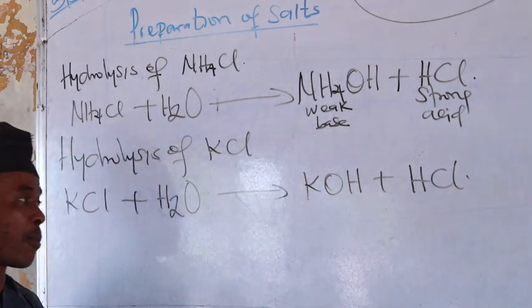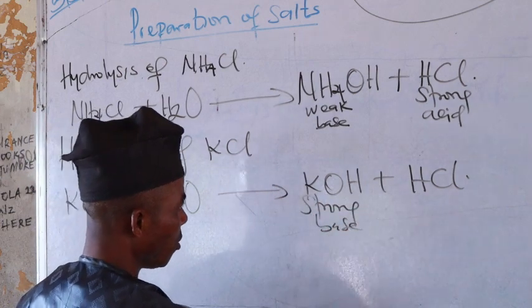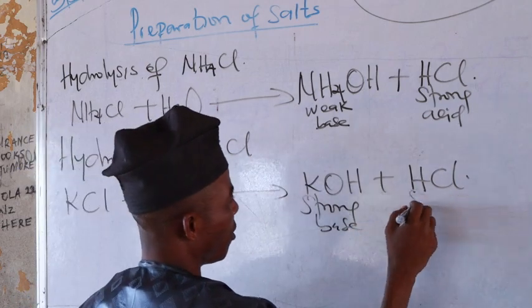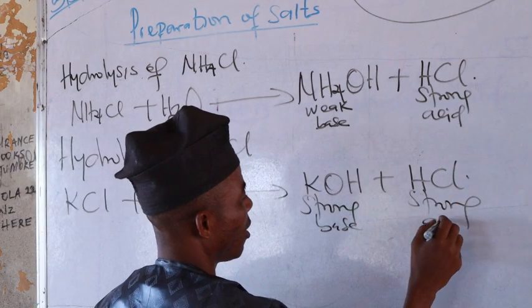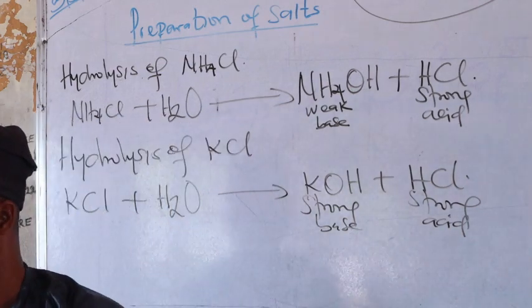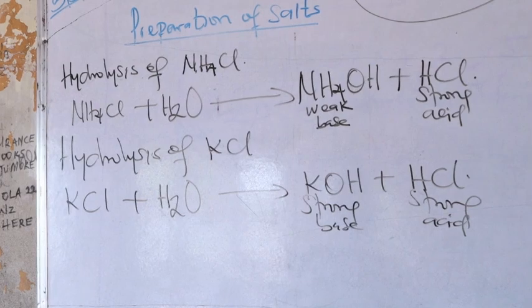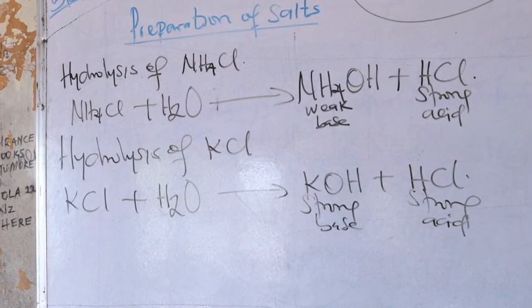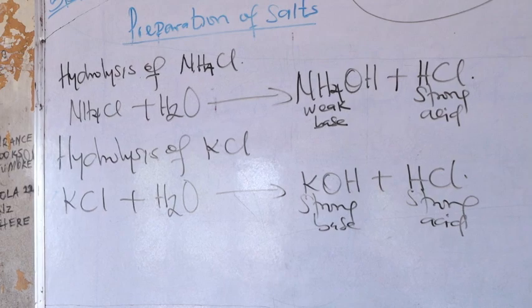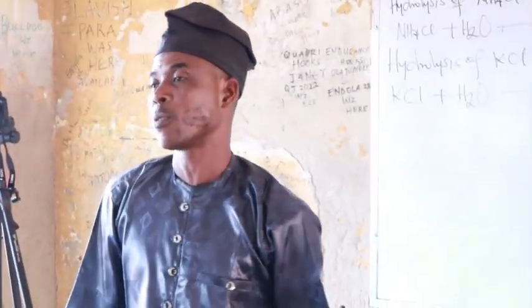Potassium hydroxide is an example of a strong base. HCl is an example of a strong acid. Since the acid is strong and the base is also strong, the effects cancel each other and the solution becomes neutral. So when you add potassium chloride to water and test with litmus, the solution will not have an effect on the litmus paper.